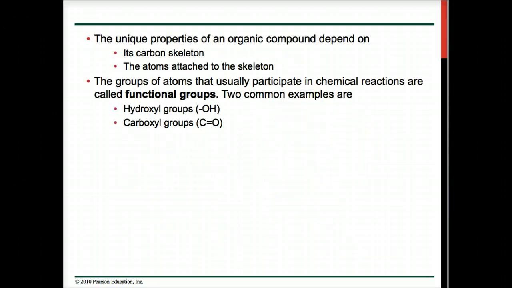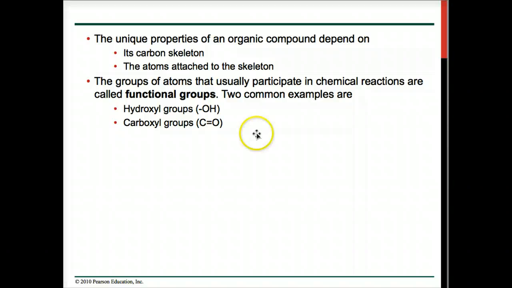The unique property of organic compounds depend on not only its carbon skeleton, but also the atoms that attach to that skeleton. So the atoms that attach to that carbon skeleton are going to determine its unique characteristics and properties. So what does it do? Is it a carbohydrate? Does it act as an acid?